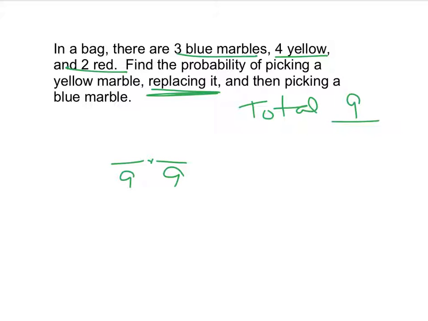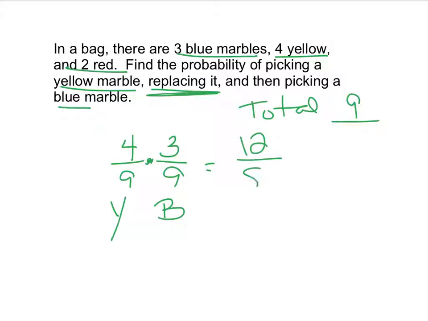So what's the probability of picking a yellow marble? Well, that is 4 out of 9. Probability of picking a blue would be 3 out of 9, and we simply multiply these two together. So this was yellow, this was blue, and we get 12 out of 81. We don't need to reduce, that's good enough for me.